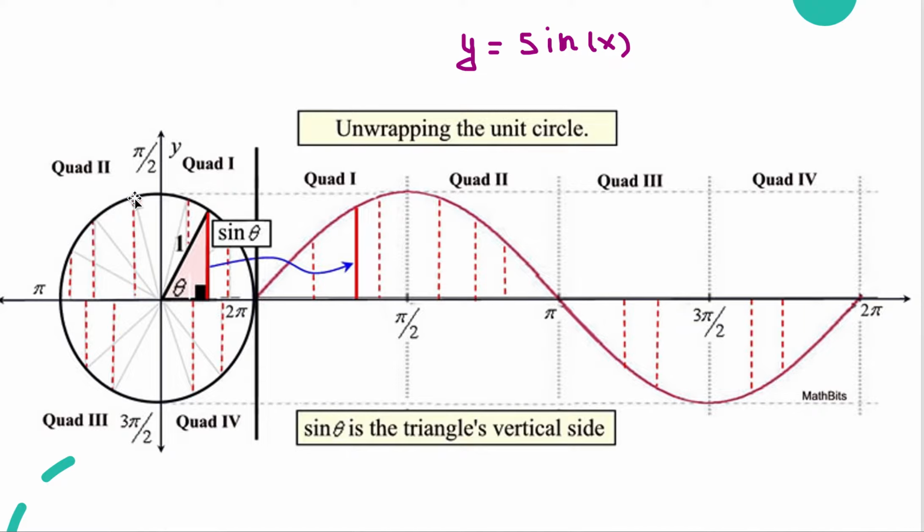When we unwrap this unit circle, and sine x, if sine x is equal to 0, you plug it into the calculator and you can verify that the sine of x is 0. That's why it starts from 0.